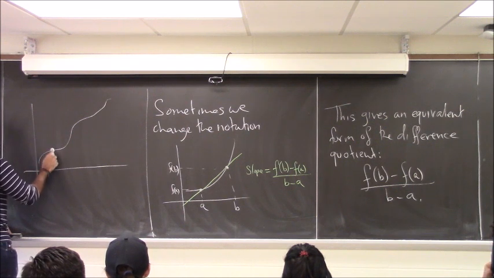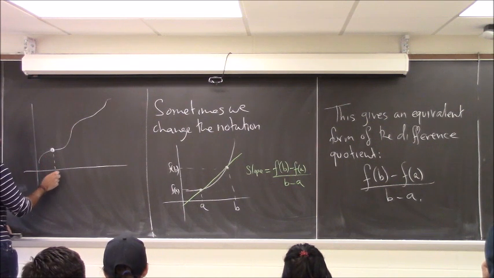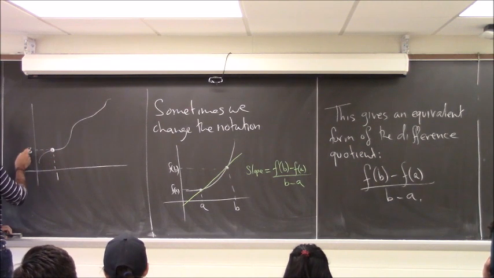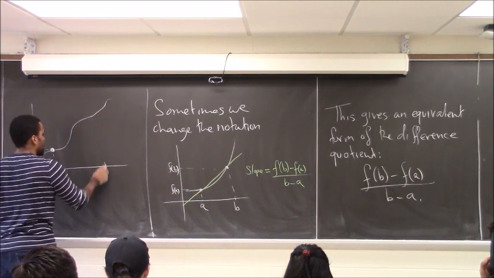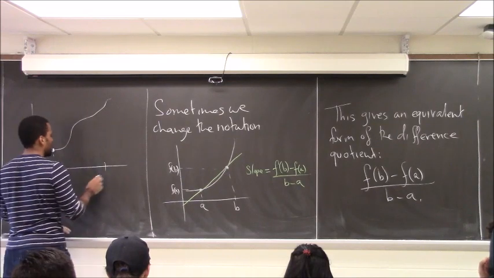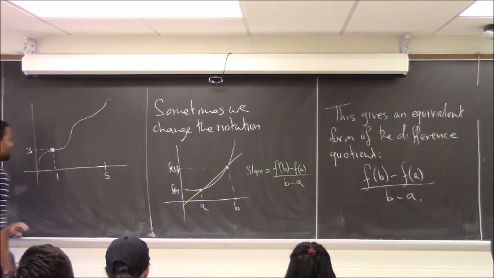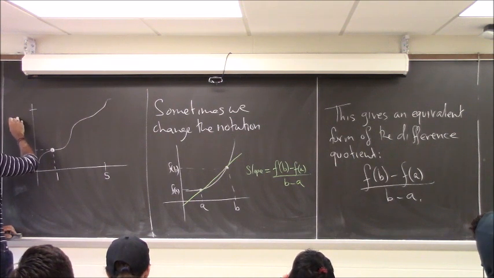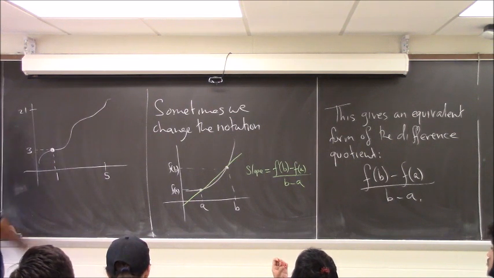Let's say at one point, this is at 1, and this is 3. And then over here, some units away, I'm at 5. And I realize over here, I am now at, let's say, 21.